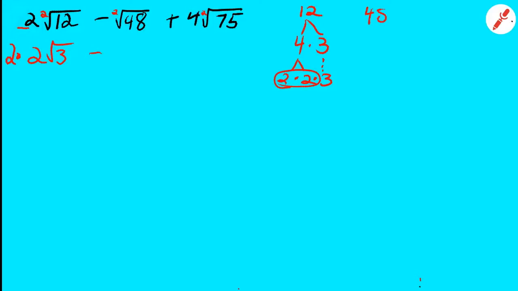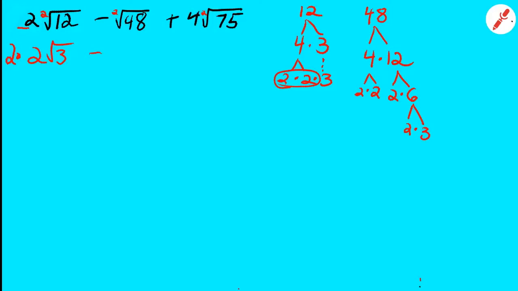48 you can break down any way you like. Let's break it down into, because this occurred to me, 4 times 12 is 48, and 4 is 2 times 2, which is a perfect square, but wait, let's finish. 12 is 2 times 6, and 6 is 2 times 3.